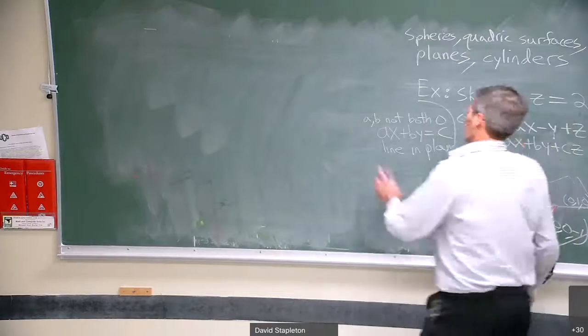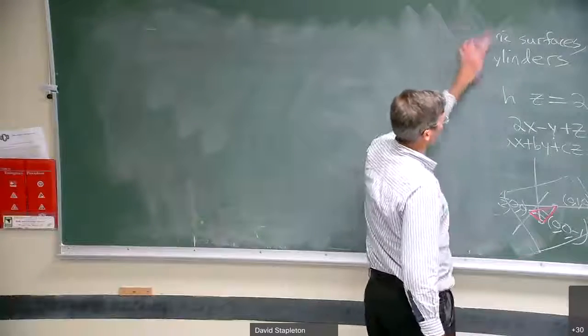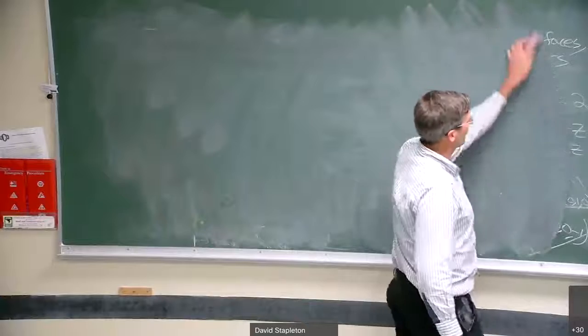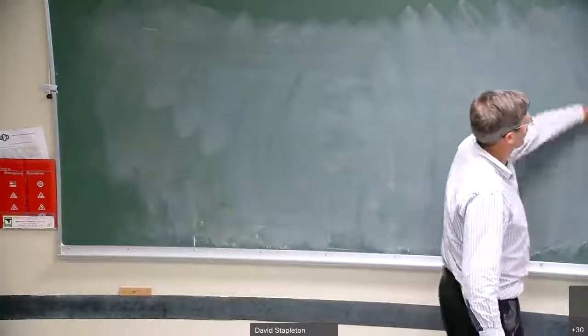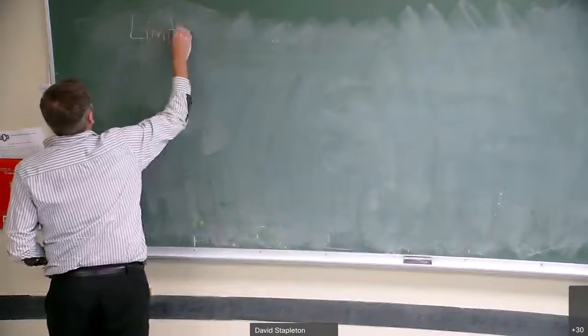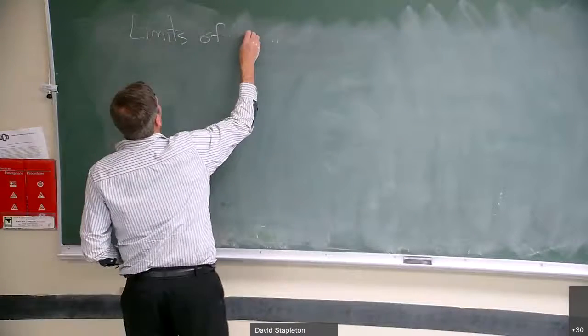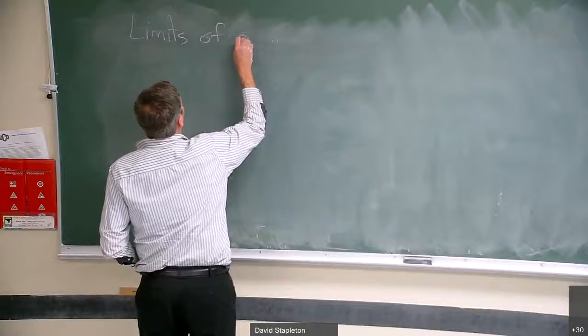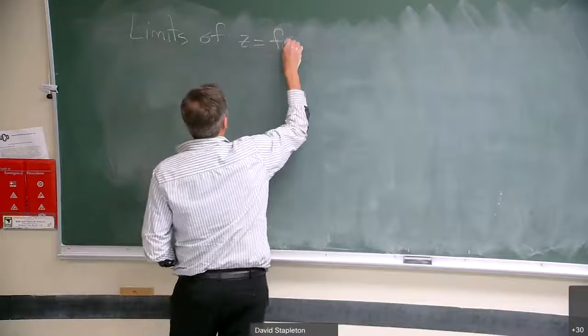In calculus 1, you start doing limits because limits allow you to define asymptotes, and then they allow you to find derivatives, and then they allow you to find integrals. You have to do limits first. So we want to do limits of functions of more than one variable. z equals f of x, y.